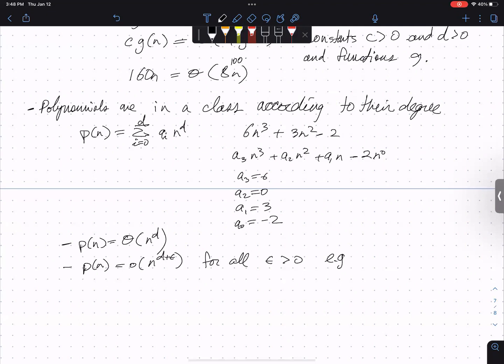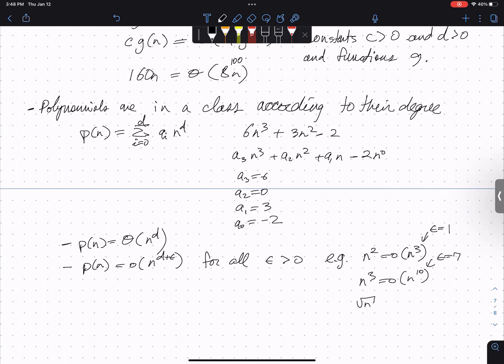So for example, n squared is big O of n cubed, here epsilon equals 1. Or n cubed is big O of n to the 10, here epsilon is 7. So everything goes according to the degree.